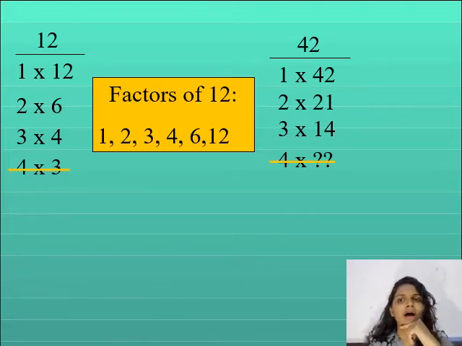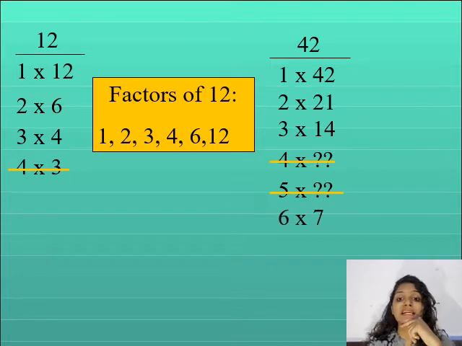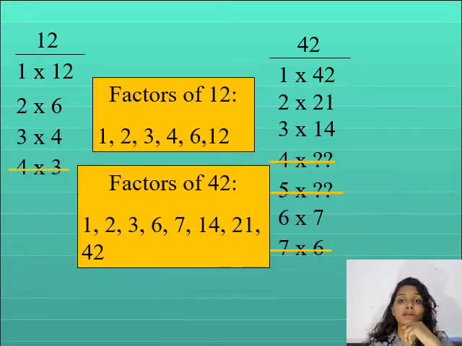Coming to 5, of course, 5 is not a factor of 42 at all. What about 6? Yes, 6 sevens are 42. Next will be 7 sixes, but do we need to write that again? No, we don't have to. The factors of 42 are 1, 2, 3, 6, 7, 14, 21 and 42.